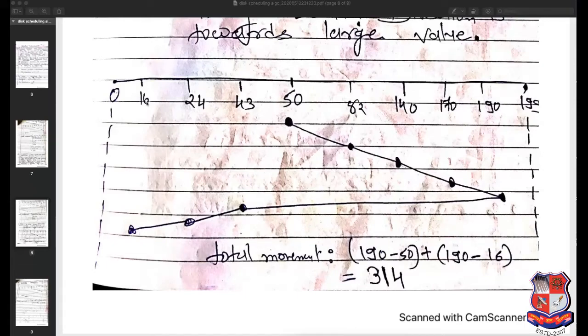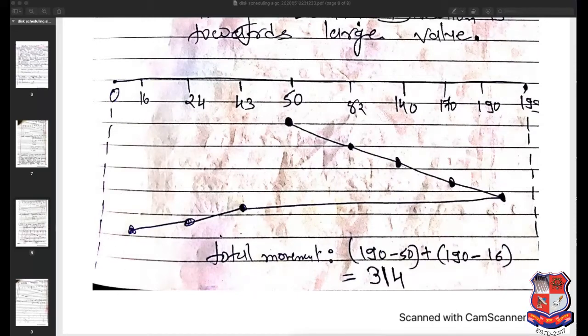So in LOOK, when we reach the end of the request track, we move into the reverse direction, and at last we reach the end of the request track.